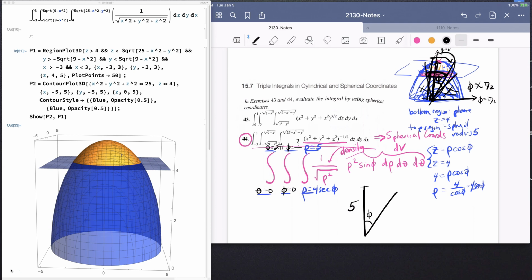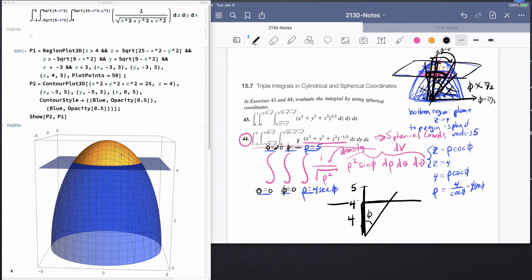So here's the angle phi. And when the sphere intersects the plane z equals 4, that plane is right here. So instead of a height of 5 up to here, we have a z plane of 4. So this triangle right here has a height of 4.